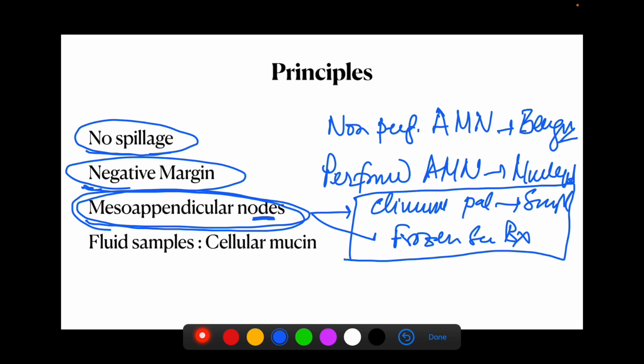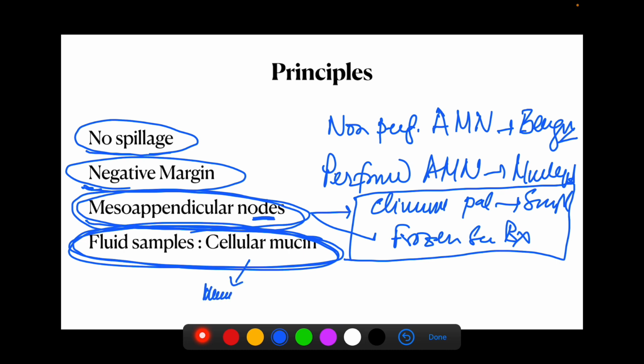Now, if there is free fluid in the abdomen, presence of mucinous material inside the abdomen, always sample it. If you don't find any specimen of mucinous lesion or mucinous ascites in the pelvis, go for a peritoneal wash and send the fluid for cellular mucin, because in presence of mucin only, we don't have to go for HIPEC.